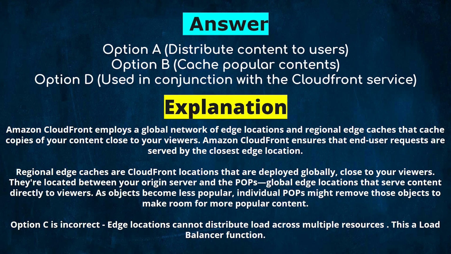They are located between your origin server and the POPs, global edge locations that serve content directly to viewers. As objects become less popular, individual POPs might remove those objects to make room for more popular content. Option C is incorrect. Edge locations cannot distribute load across multiple resources. This is a load balancer function.